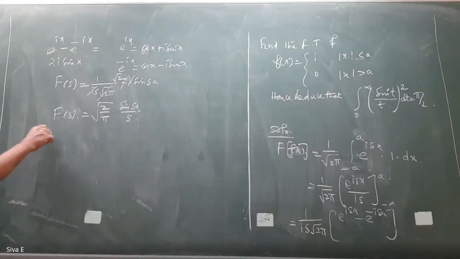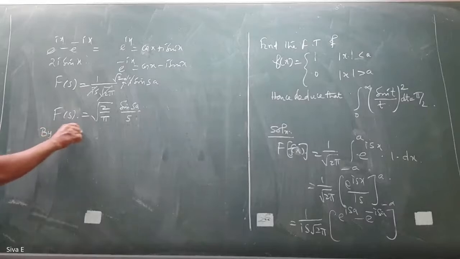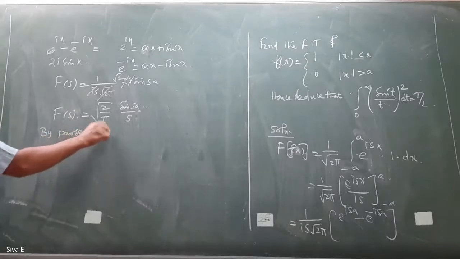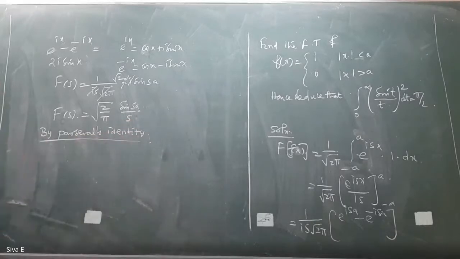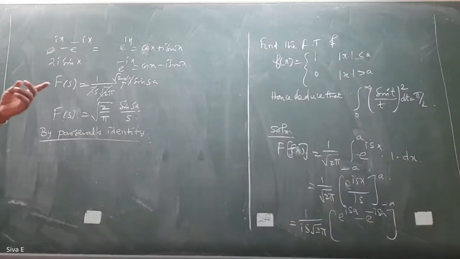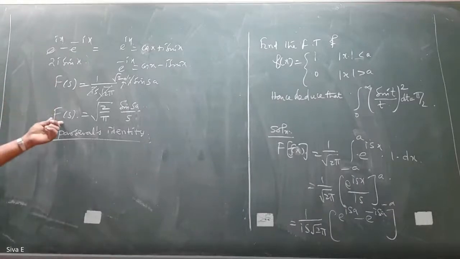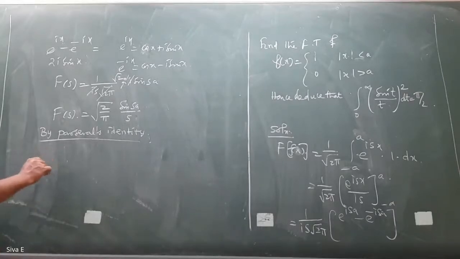Note: in case the required deduction is the square of the Fourier transform, then we have to use Parseval's identity. So what is Parseval's identity?